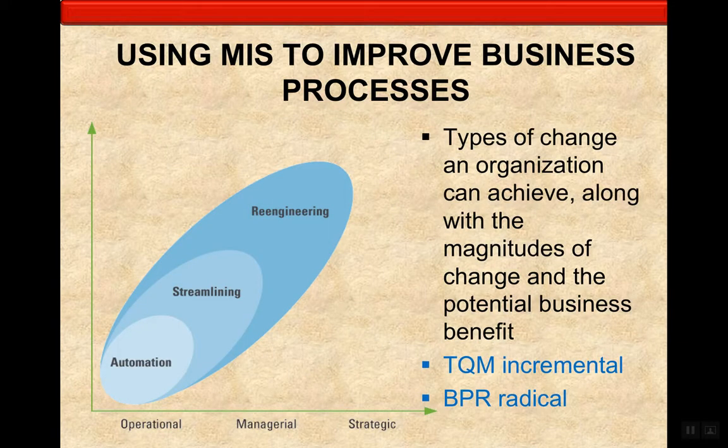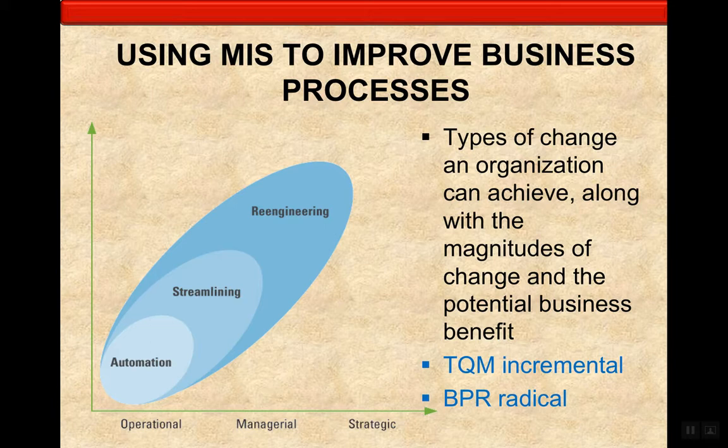So the idea is it's a combination of different things. You can apply MIS in a number of different arenas here. From an operational perspective, you can use technology to automate things.